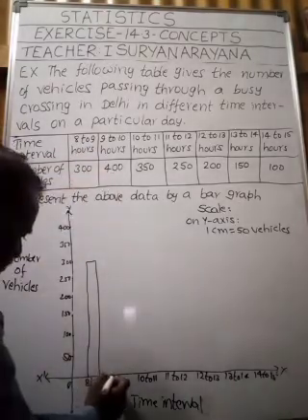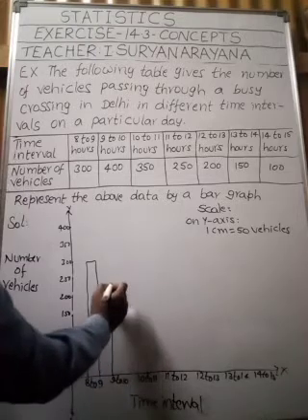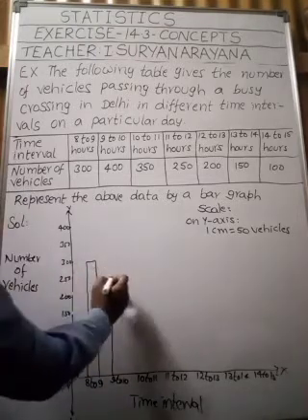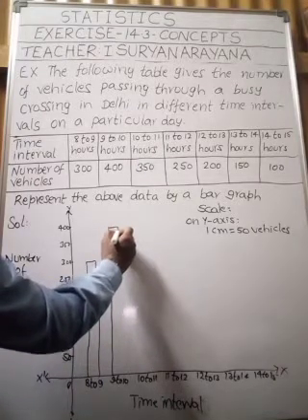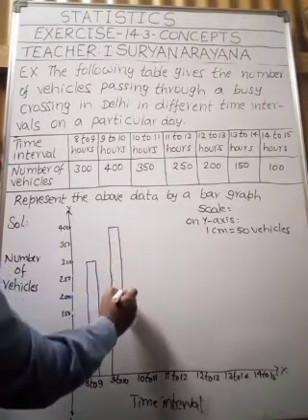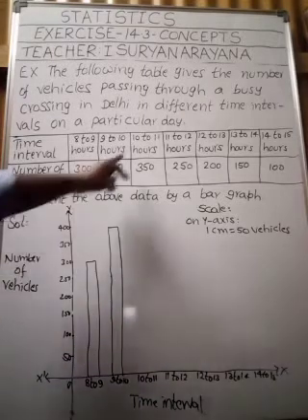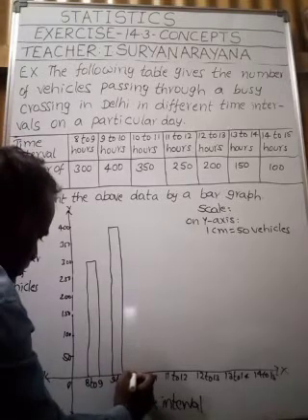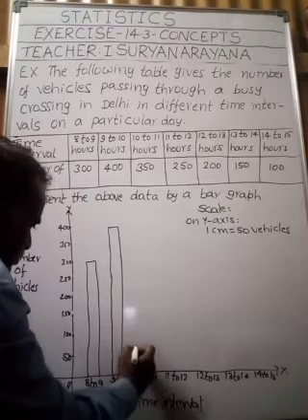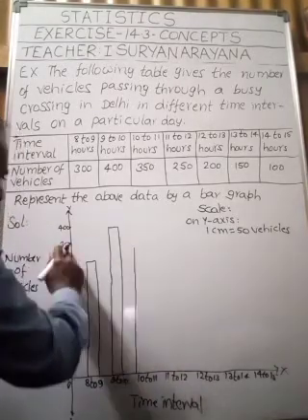So here, by giving a suitable gap, 400. Okay, my children. Next, 10 to 11, 350. Here 350 is there.